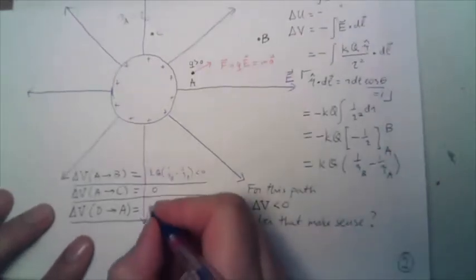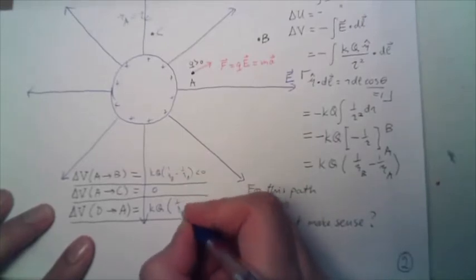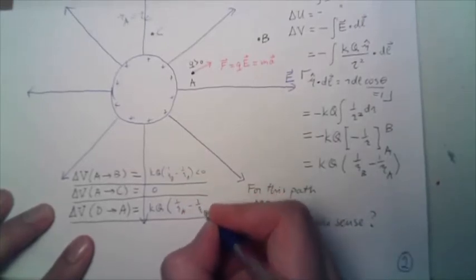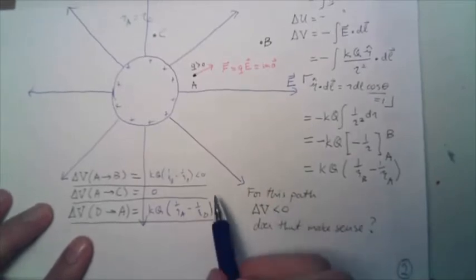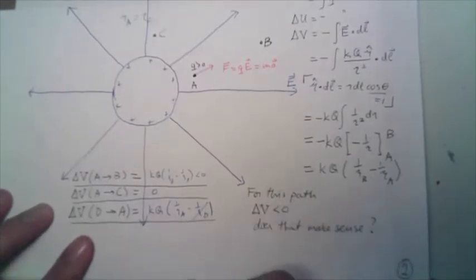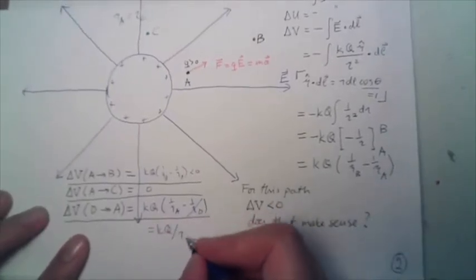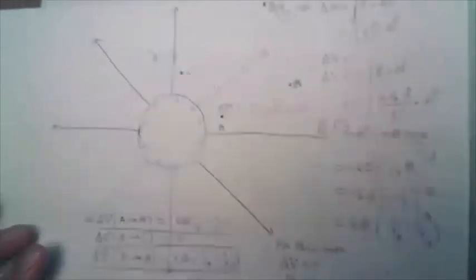So it becomes K, Q, 1 over RA minus 1 over RD. And now in the limit of this going to infinity, this thing drops out. So we just get K, Q, 1 over RA.